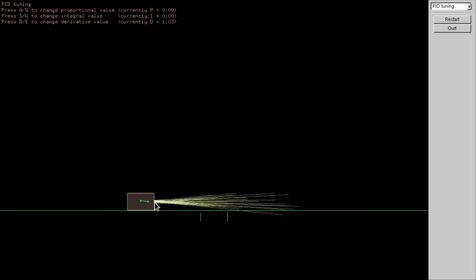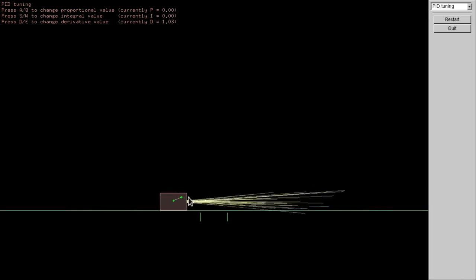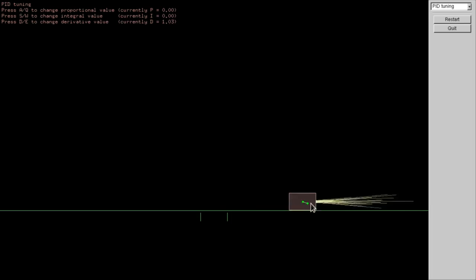So this is called the derivative because it's not directly responding to the error. So again, the error is the distance away from this point. But the D is derived from the distance to the error in that it responds to the rate of change of the error. So when the error is changing slowly, D will be a small value. When the error is changing quickly, D will be a large value. And you can see that it's not necessarily going to push the block back to the middle.